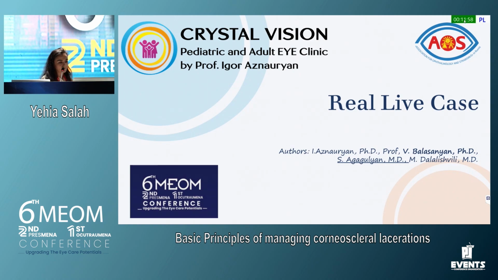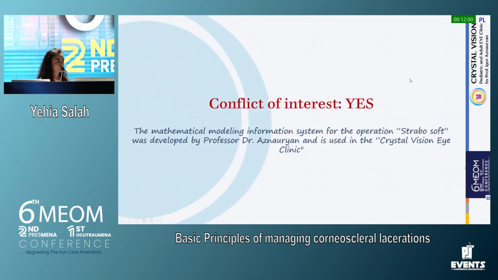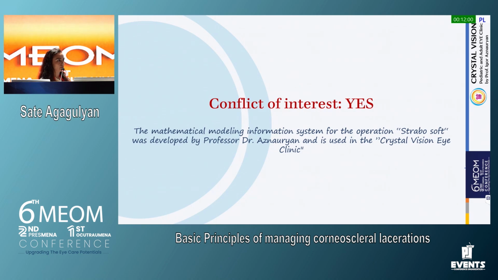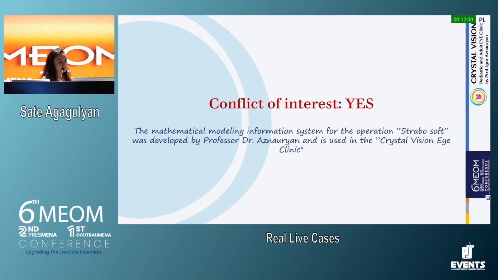I have a conflict of interest: the Strabo mathematical model of dosage of strabismus surgery, about which I will talk, was developed by my teacher and head of Crystal Vision Eye Clinics, Professor Igor Raznorian, and we use it in our clinics for all strabismus surgeries.